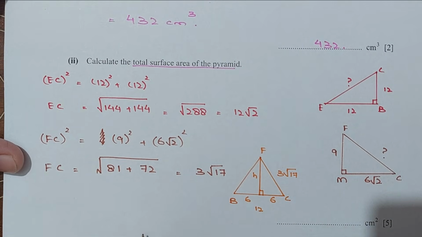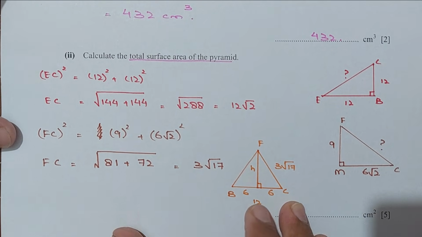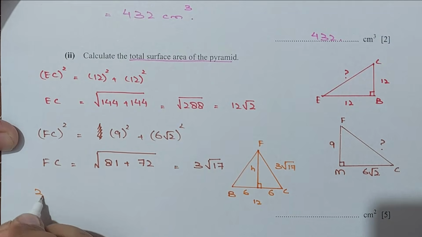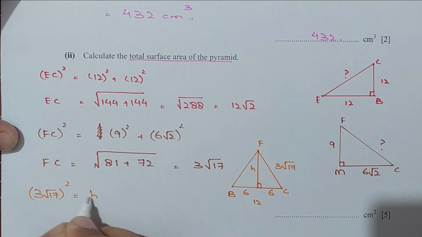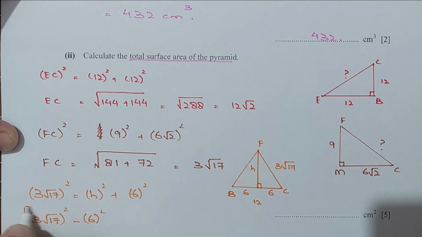It is a right angle triangle. So the hypotenuse squared equals the height squared plus 6 squared. So 3 root 17 squared minus 6 squared, and the square root, this would be the height.